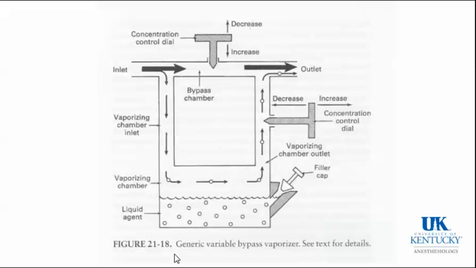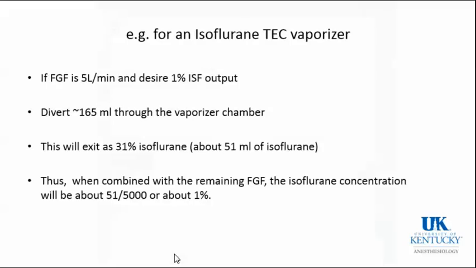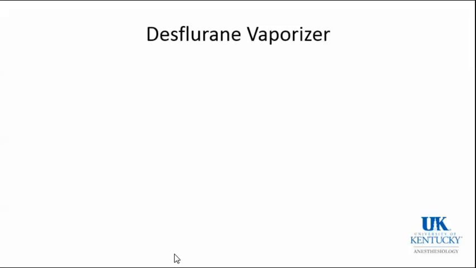For isoflurane, it's about 30%, for sevoflurane about 20%, and then it comes back out and unites with the fresh gas flow, and based on this concentration knob, it adjusts exactly how much of this concentrated vapor is added to produce the concentration you want. And on the next slide or so, I go into some more details of this.